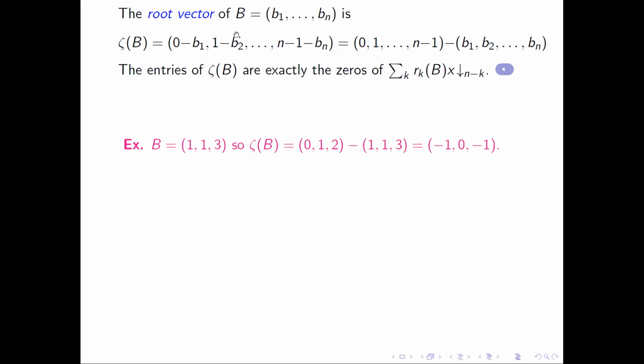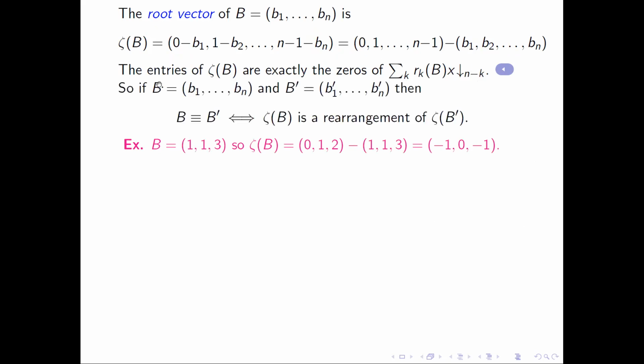You have basically j minus 1 minus b sub j in each one of these coordinates. So indeed, this root vector is aptly named because it is the vector of roots of this polynomial. Okay?